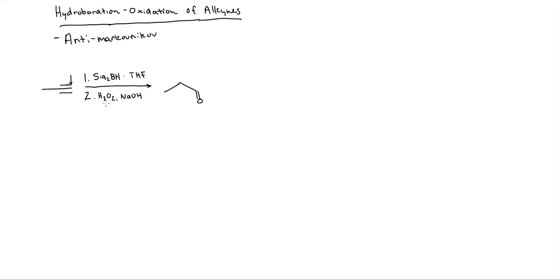So let me talk a little bit about Sia2BH and what that means. Sia is an abbreviation of sec-isoamyl, which is this group. It has something attached to it, but sec-isoamyl is 1, 2, 3, 4, 5 carbons, these 5 carbons here.